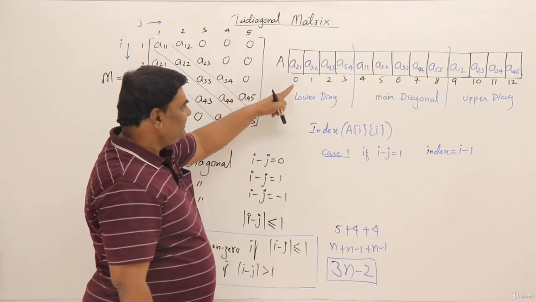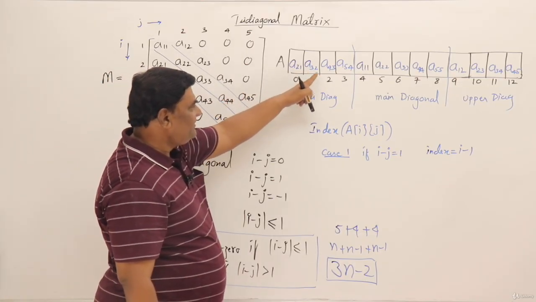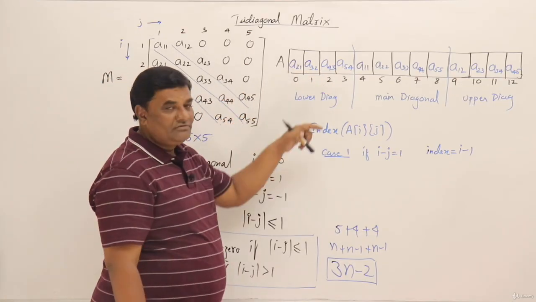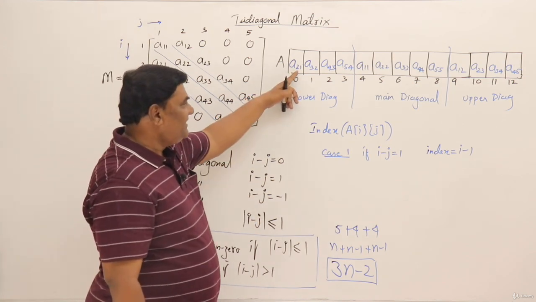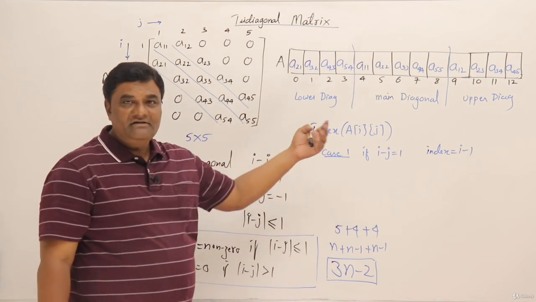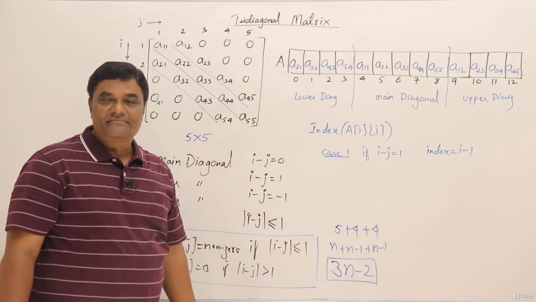If i is 2, then it is at 0. If i is 3, then it is at 1. If i is 4, then it is at 2. So the index is i minus 2. Or else we can also take j minus 1, but it is better represented using i.